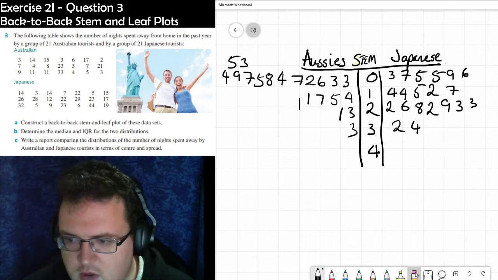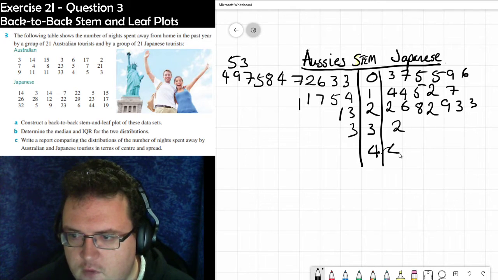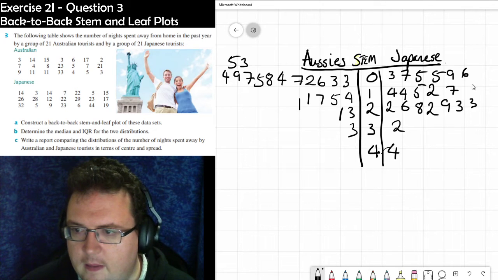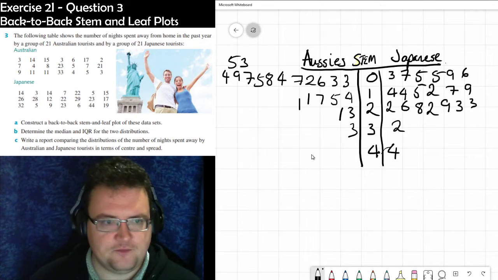No, that's in the wrong spot. 44, and then the last one being 19.